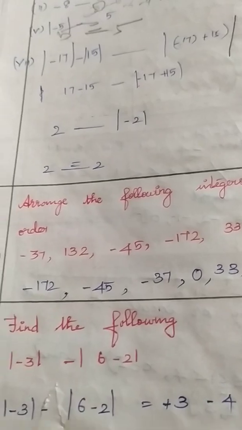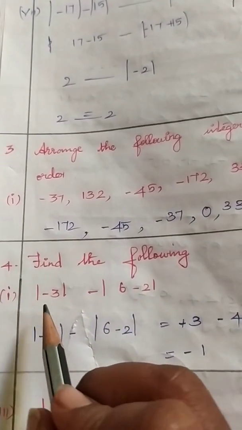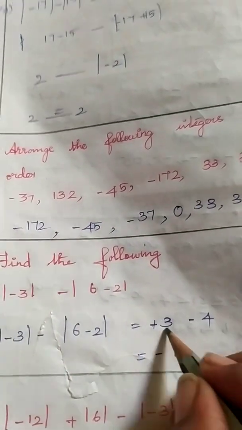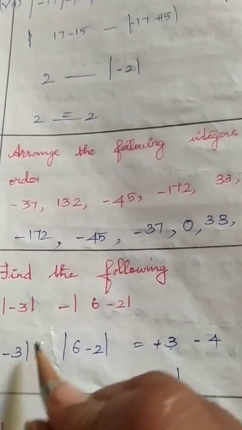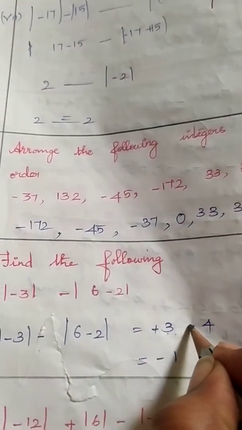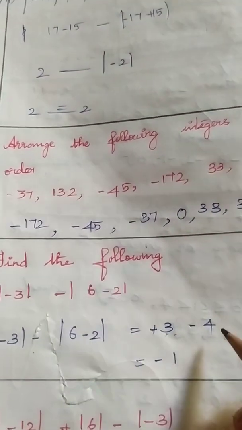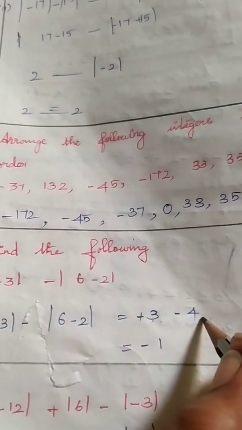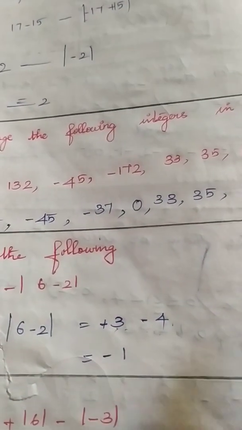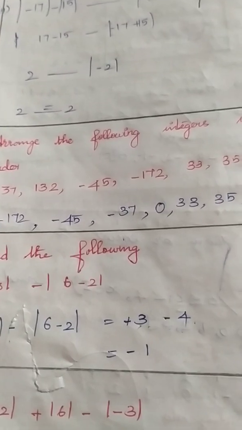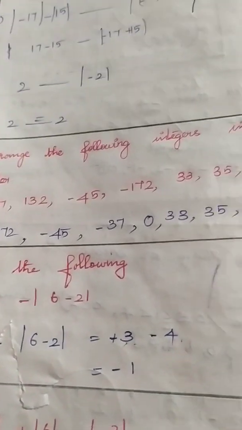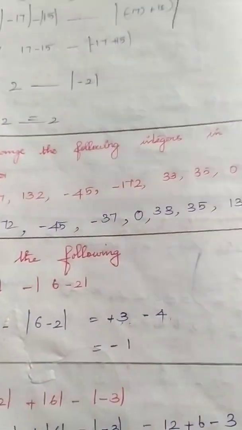So minus mod minus 3 will become minus 3, since there is already a minus symbol. Modulus of 6 minus 2 is 4, so 4. 3 minus 4: two different symbols, so subtract and write the bigger number's symbol, so it is minus 1. Easy problem.